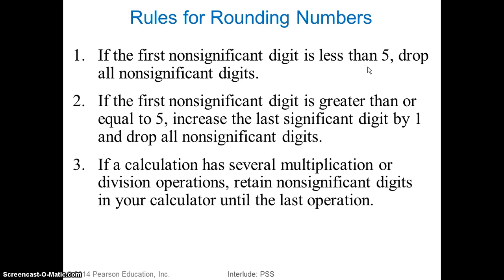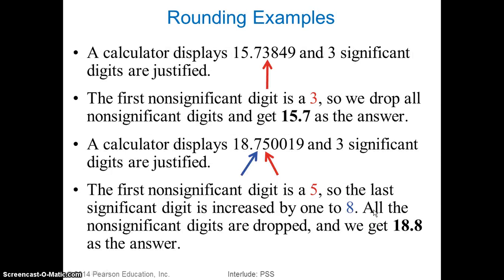We'll see an example in the next slide. Rule number 2, if the first non-significant digit is greater than or equal to 5, increase the last significant digit by 1 and drop all non-significant digits. And rule number 3, if a calculation has several multiplication or division operations, retain non-significant digits in your calculator until the last operation.